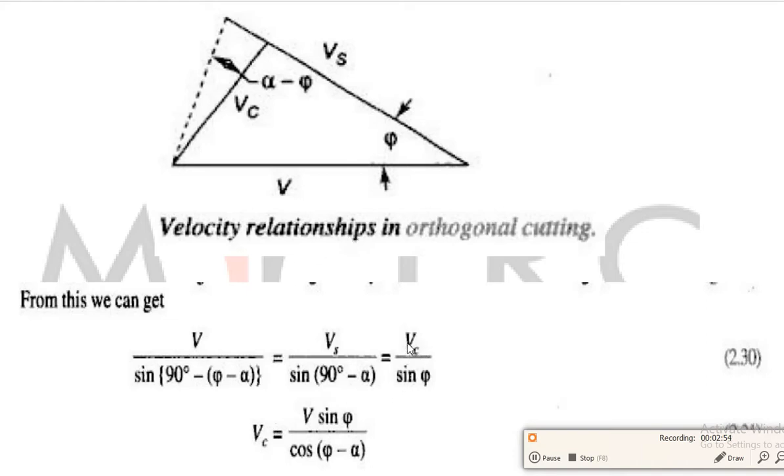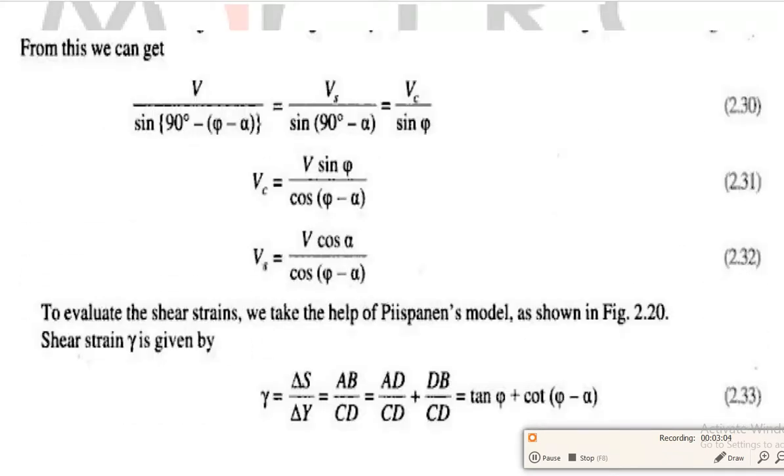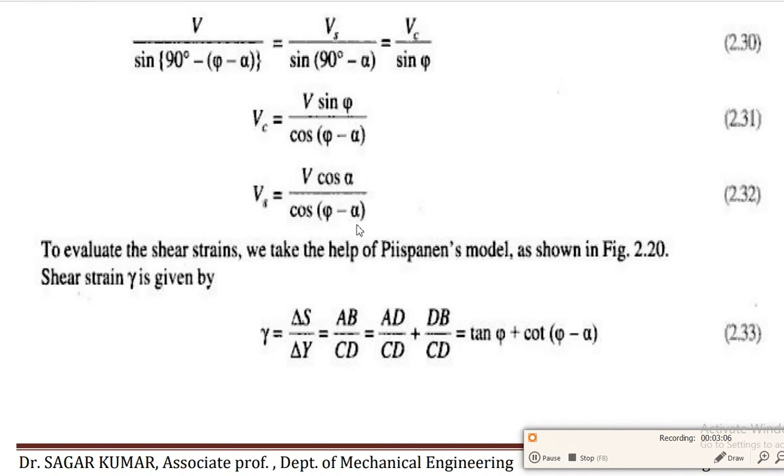If we rearrange this term, we find Vc is equal to V sin phi by cos(phi minus alpha). This is the chip velocity, and Vs is equal to V cos alpha by cos(phi minus alpha). Here Vs is the shear velocity, and Vc is the chip velocity, the velocity of the chip relative to the tool, directed along the tool face.